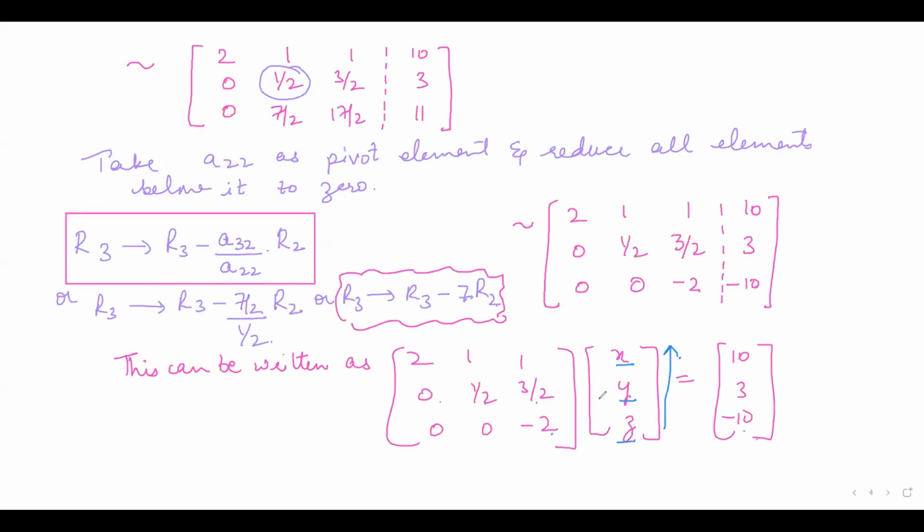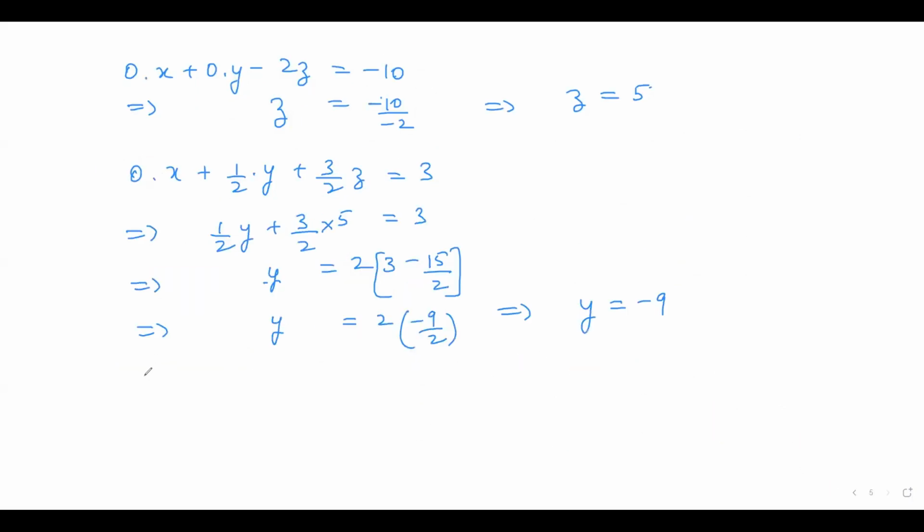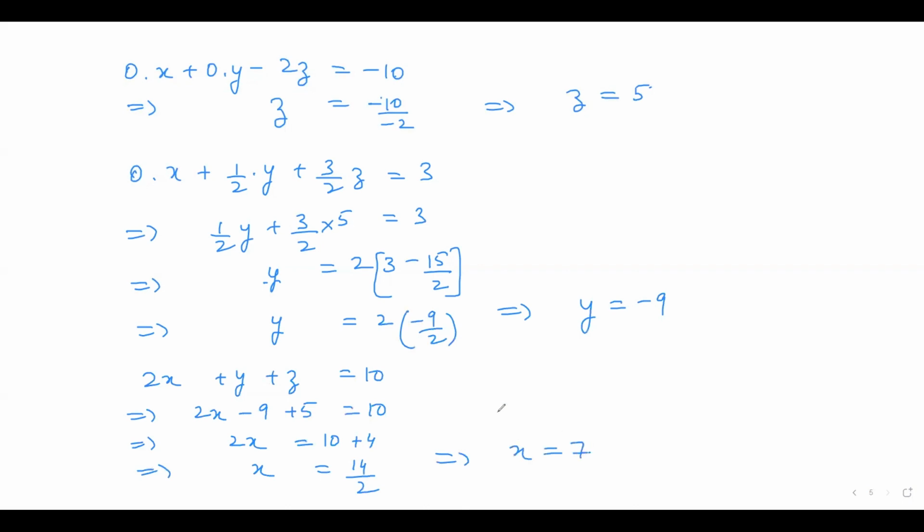And the last equation, 2x plus y plus z is equal to 10. Substitute all the values. This becomes minus 4, and that comes to the other side. So x is equal to 14 upon 2, so x is coming out to be 7.